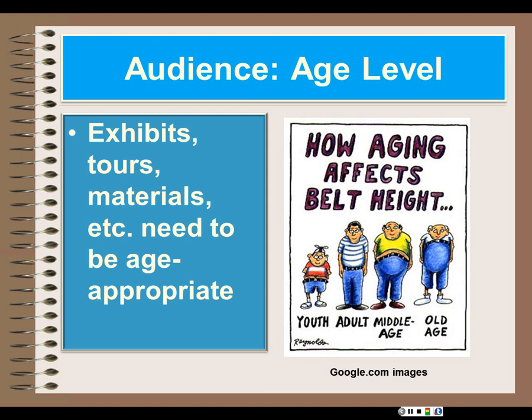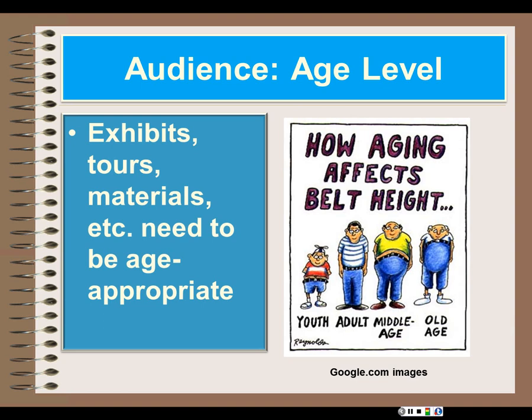So when we put together our exhibits, our tours, and our materials, we need to make certain that they're age appropriate. Obviously, your museum might have certain tours for school groups, right? And you need to make certain that those materials, as we'll discuss more as the class proceeds, are tied into the curriculum, especially the core curriculum of K through 12.